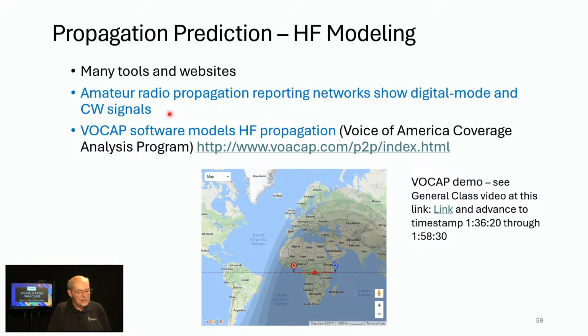If you're transmitting digital mode like FT8, or you're transmitting CW, the one interesting thing about those modes is that they can be decoded automatically. So if somebody in Spain has a listening station set up so that they can decode CW, or FT8 as an example, they'll say, oh, KE4EA, my friend Dave in South Carolina, just showed up here in Spain.